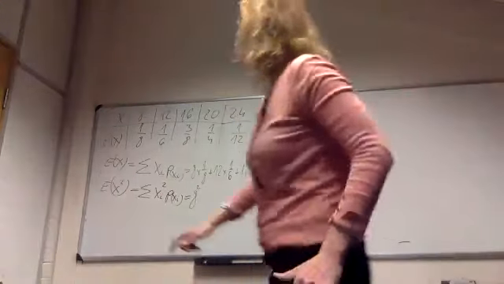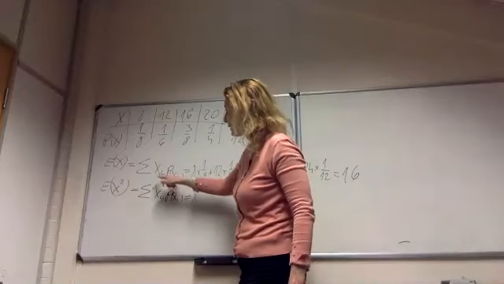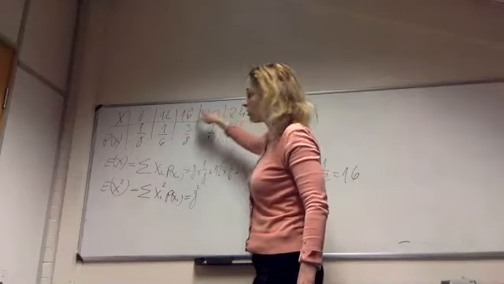So the probabilities remain 1/8, 1/6, 3/8, 1/4, 1/12. Here we only square the x's. So these are the x's. We square the x's only.